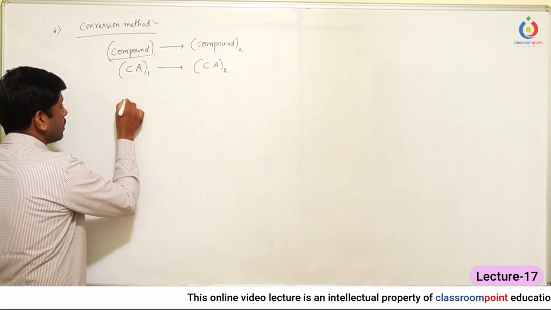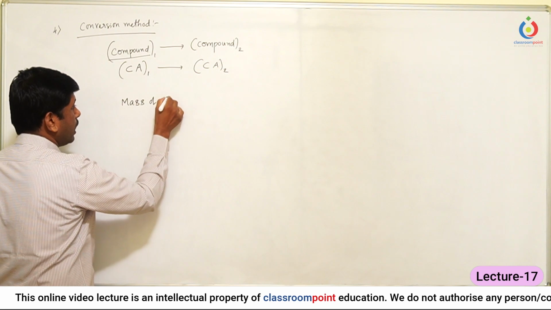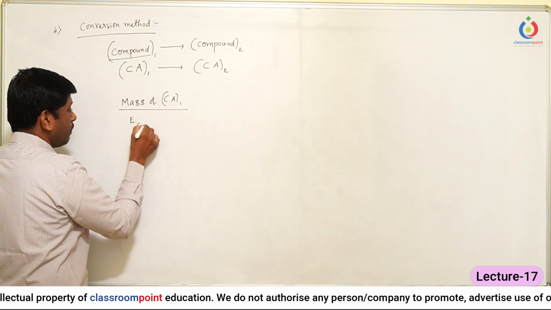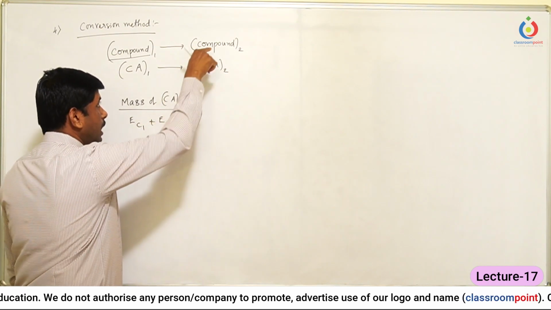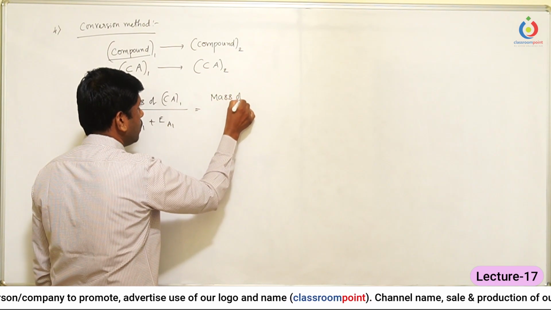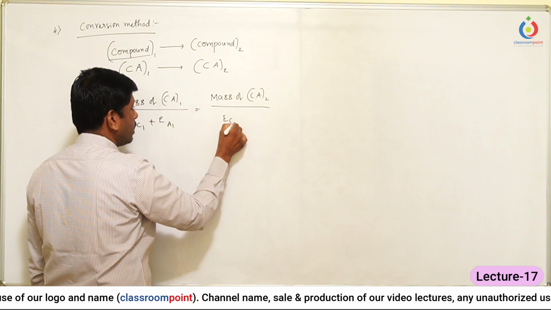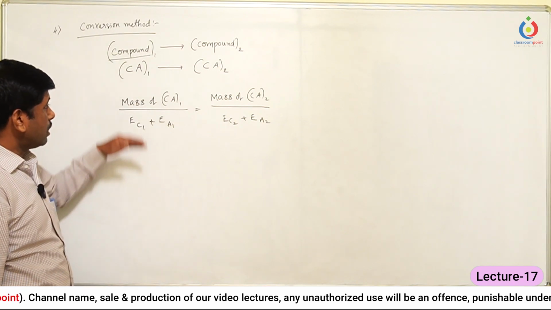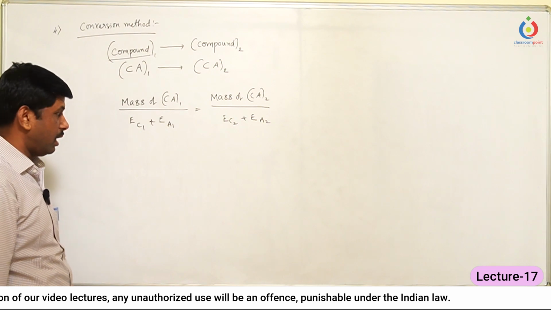Then the mass of compound 1, CA1, divided by the equivalent mass of C1 plus the equivalent mass of A1 equals the mass of CA2 divided by the equivalent mass of C2 plus the equivalent mass of A2, means mass by their equivalent masses. That is the number of gram equivalents.